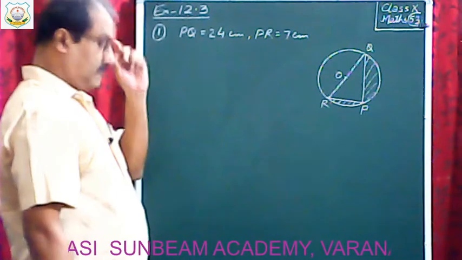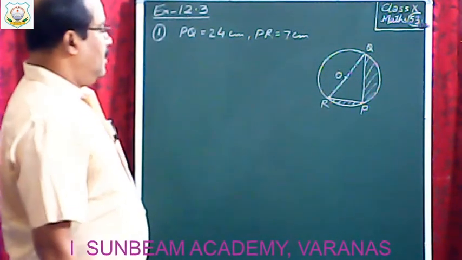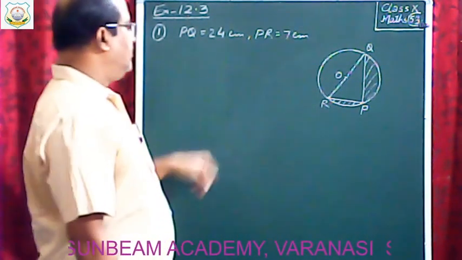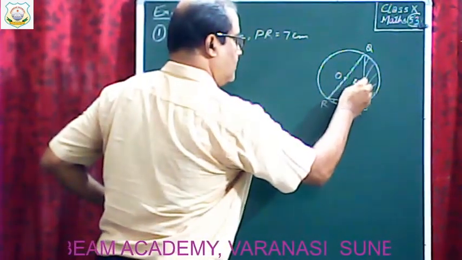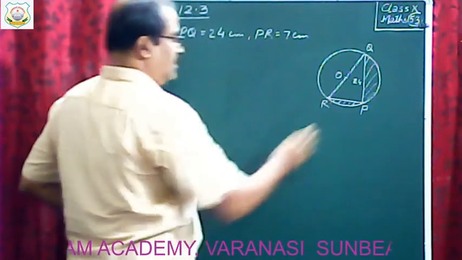So circle with center O, PQ is given, that is 24 centimeter, PR 7 centimeter.